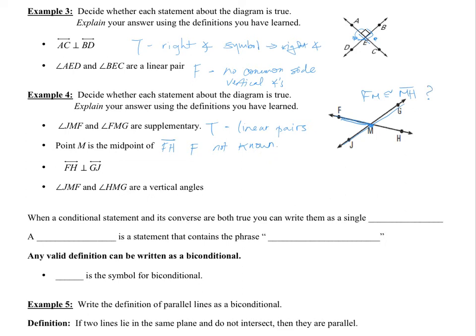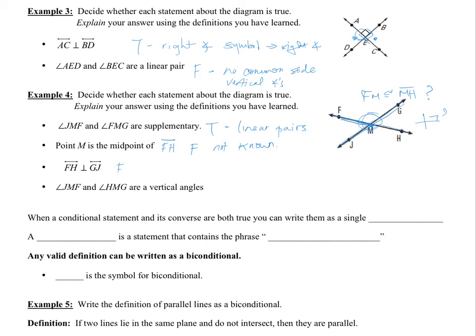And is line FH perpendicular to GJ? Same thing. There's no right angle symbol here to tell us that if it's a right angle, if they're perpendicular to each other. So we can write false. And angle JMF and angle HMG are vertical angles.